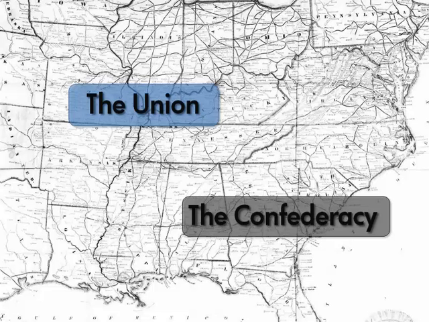They did not officially secede, although several of them, including, I believe, Kentucky in particular, but also Missouri, did actually have two competing governments, one that stayed loyal to the Union and one that was loyal to the Confederacy.